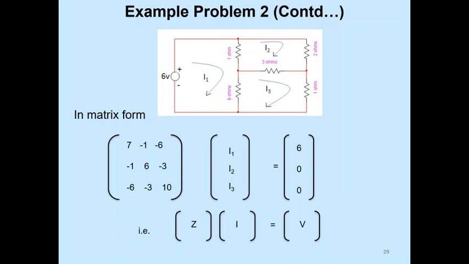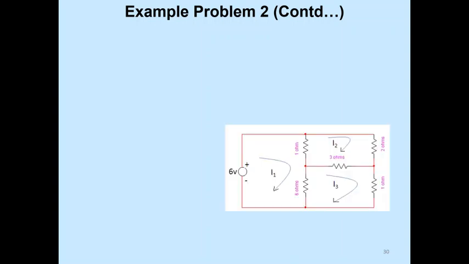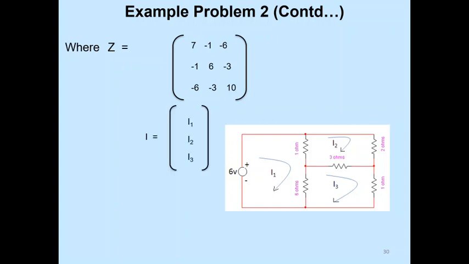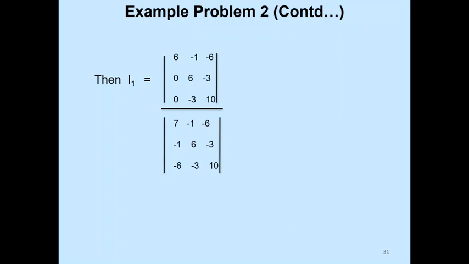Before that, what do we have to find out? We want to find out the determinant first, that is the impedance matrix. So I1 is equal to, with the first column replaced by the voltage matrix, we get 6.